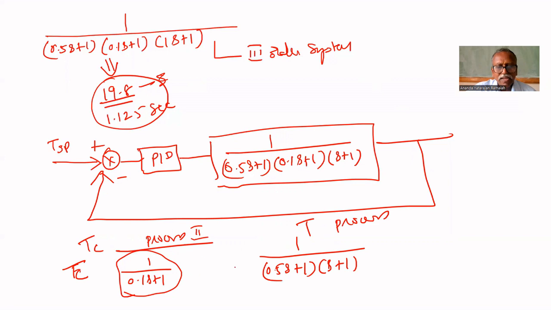Here, we can implement cascade control to improve the performance. If you see the time constant of process 2, it is very much less than the dominant time constant of process 1. Here, the dominant time constant is 1, not 0.5. The slower one we have to consider, that is 1. This is less than the dominant time constant. That's why we can implement a cascade control.